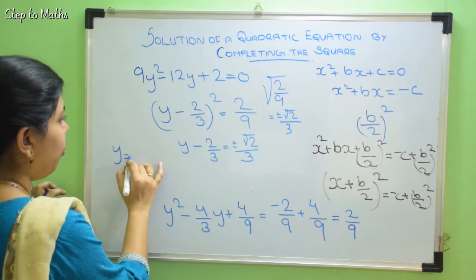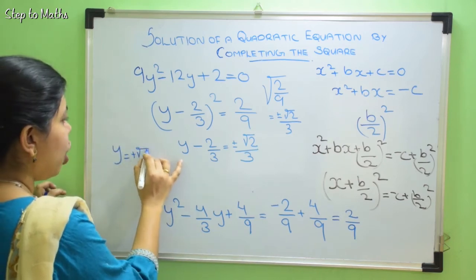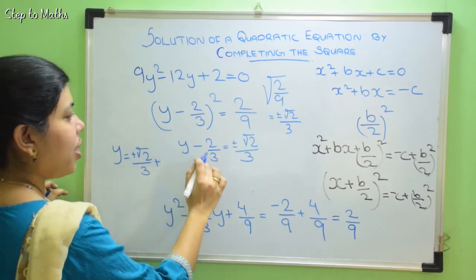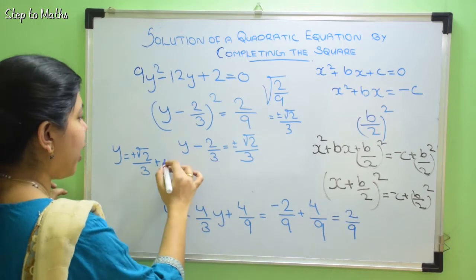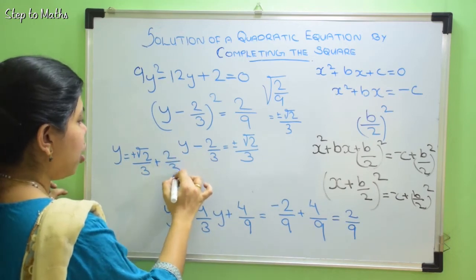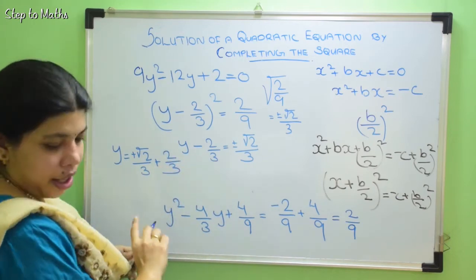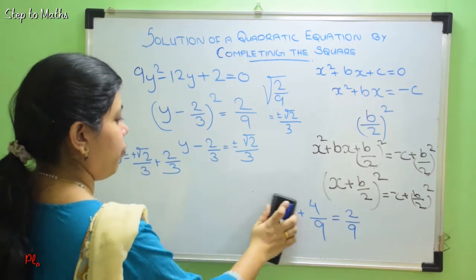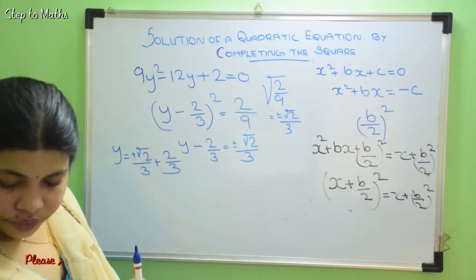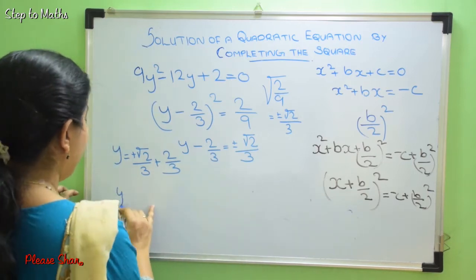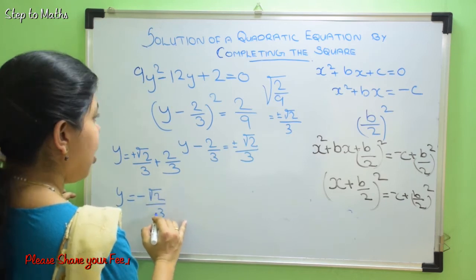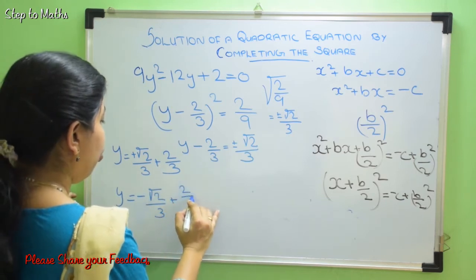Y equals plus root 2 by 3, taking minus 2 by 3 to the right side, plus 2 by 3, and y equals minus root 2 by 3 plus 2 by 3.